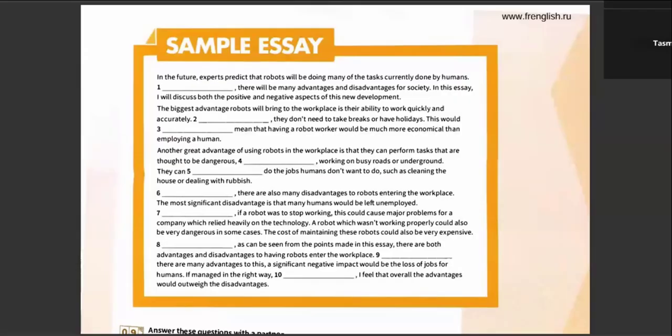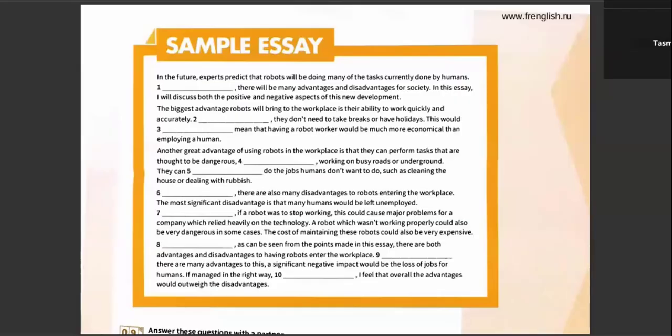And before that, you already gave a statement that furthermore, they don't need to take breaks and they have a big advantage. So at the end, when you're giving a finishing sentence regarding a statement that you just gave, that is when we use therefore.